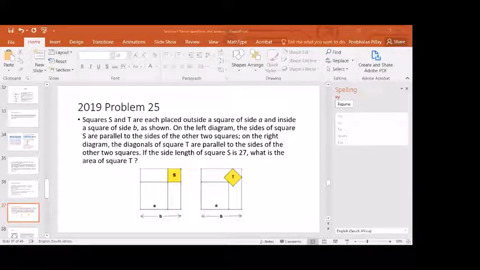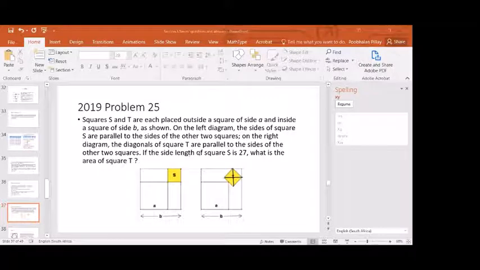Let me just draw the diagonals and see what's going on. The diagonals of square T are parallel to the sides of the other two squares. So these are horizontal and vertical, just like all the others. That's the property of this square. But you'll notice that square goes through this corner here, and it touches these two sides also.